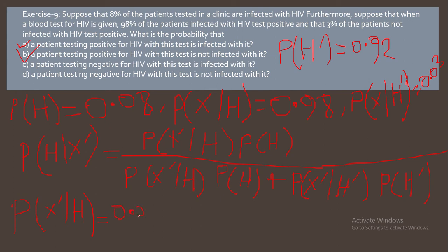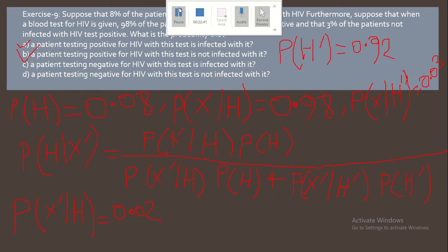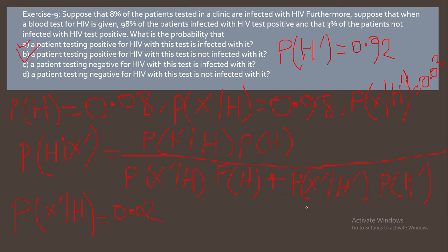And we also don't have the value of P of X prime given H prime. This means we know someone is not infected with HIV and has been tested negative. How can we find it? There is 3% of the patients not infected with HIV who test positive.